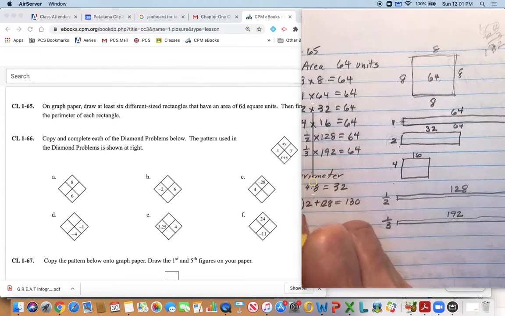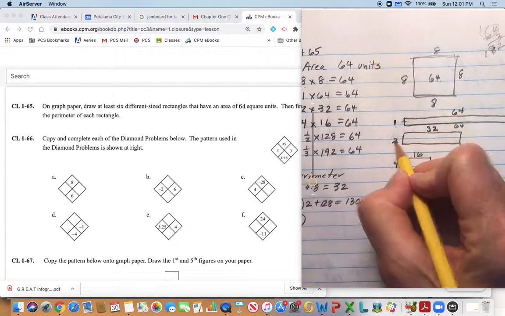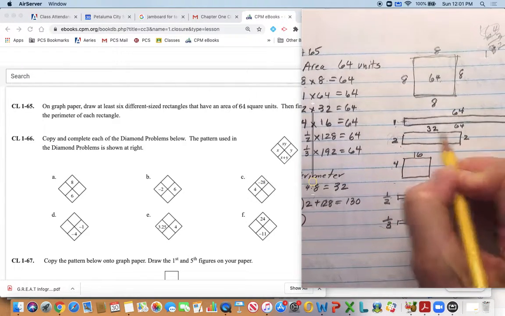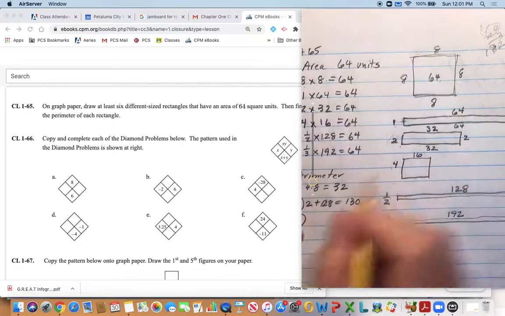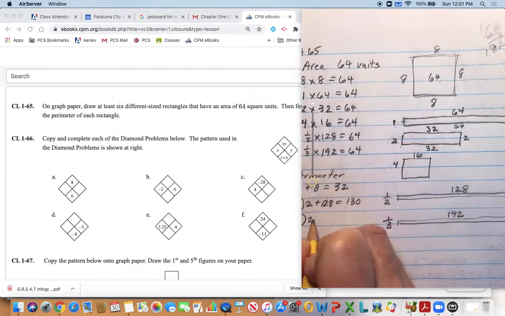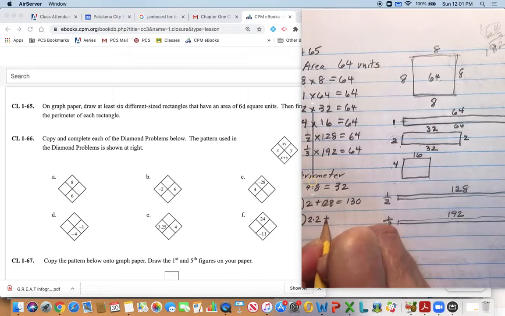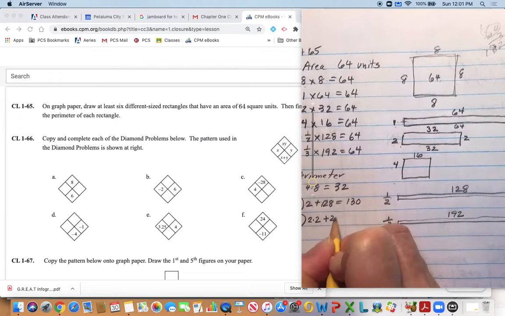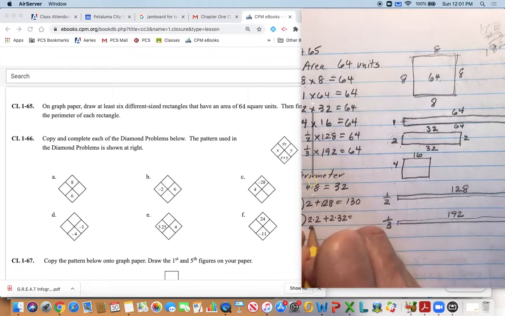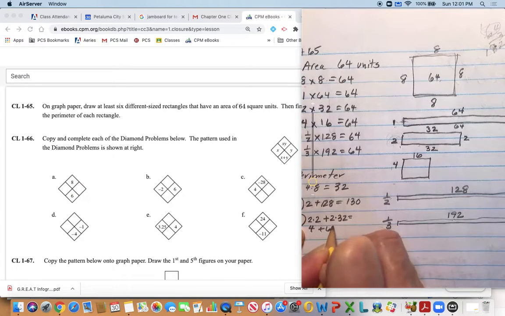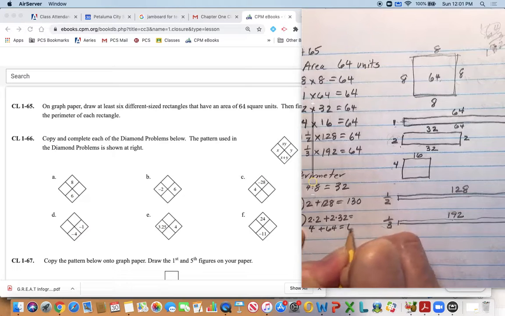The third one is this one. So we've got a 2 there, a 2 here, a 32 here. So 2 times 2 plus 2 times 32. So that's 4 plus 64 is equal to 68.